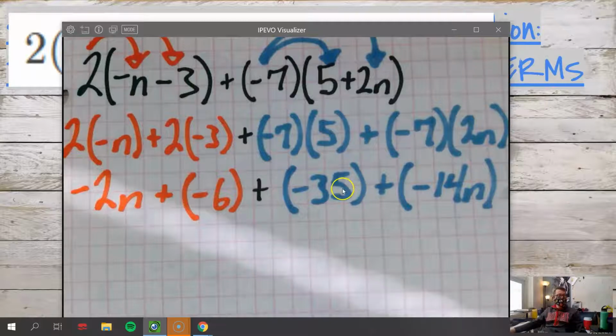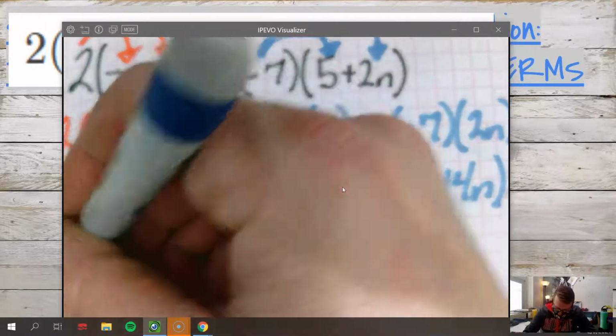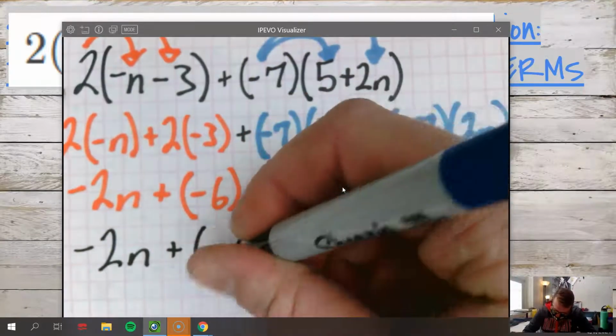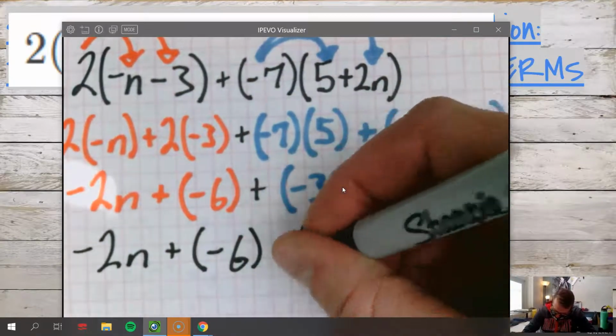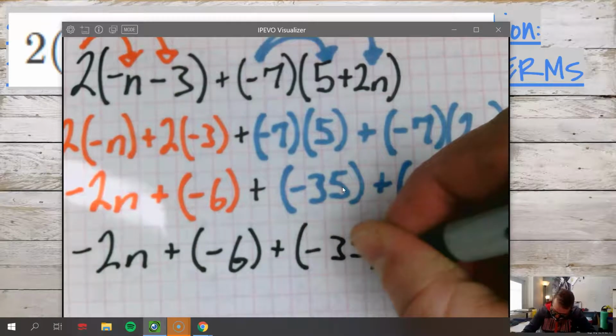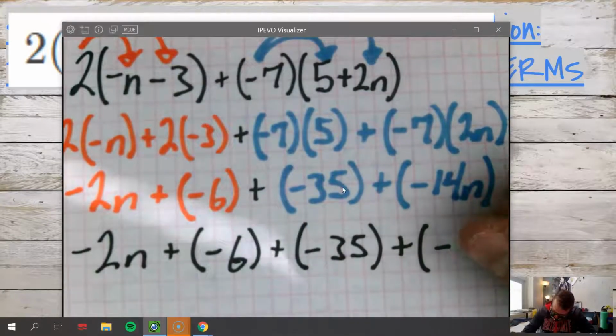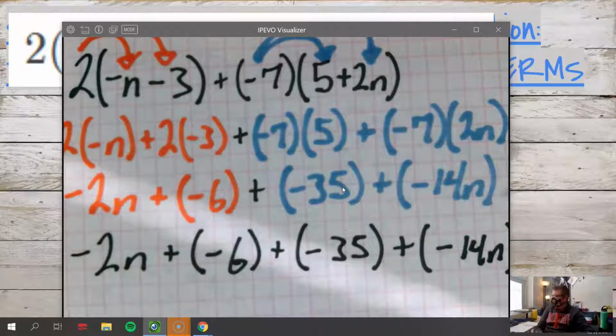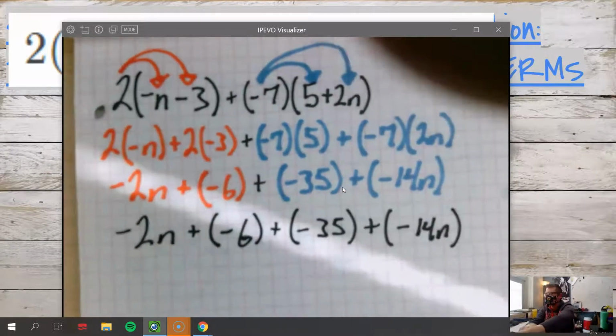Especially because I'm working in colors that aren't indicative of my like terms, I'm going to rewrite everything in the same color, all in black, to make my life a little bit easier. Everything on the right in blue came from the right distribution.